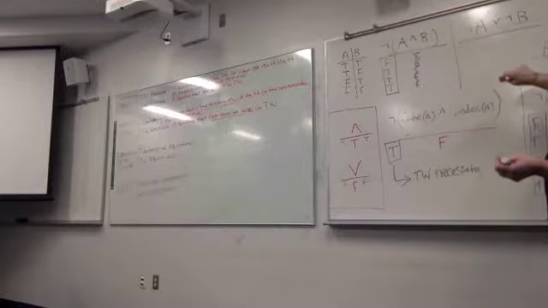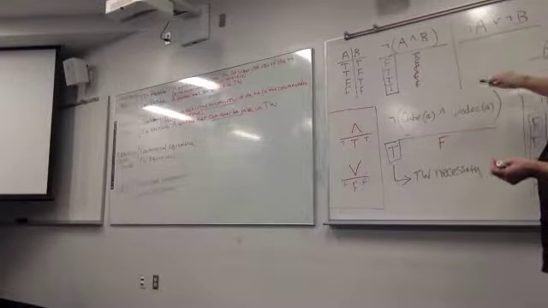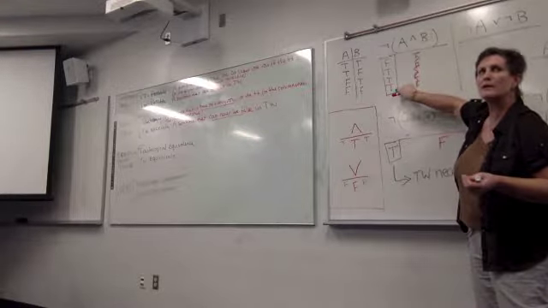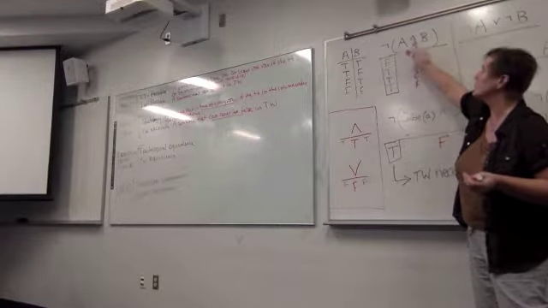We're going to ask whether the values in the column under the main connective for not both A and B are identical to the values in the column under the main connective for either not A or not B. Are we comfortable with which is the main connective?